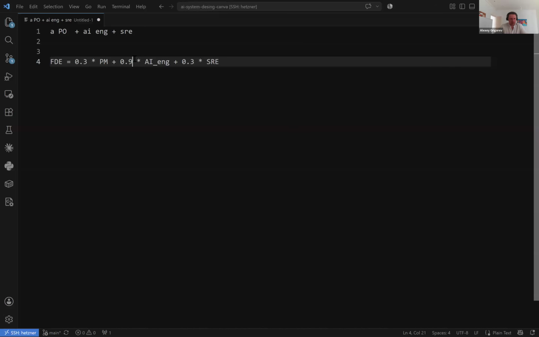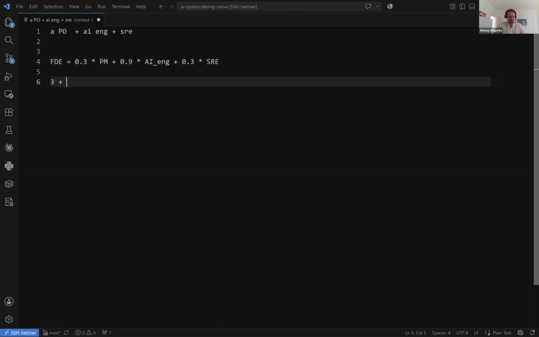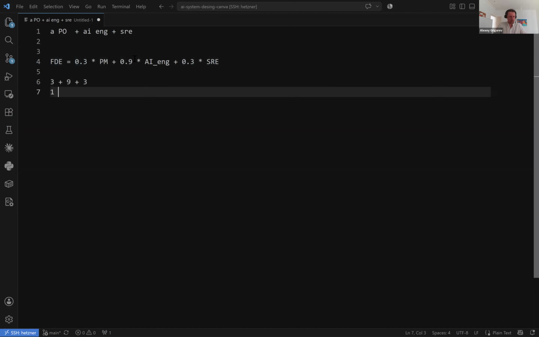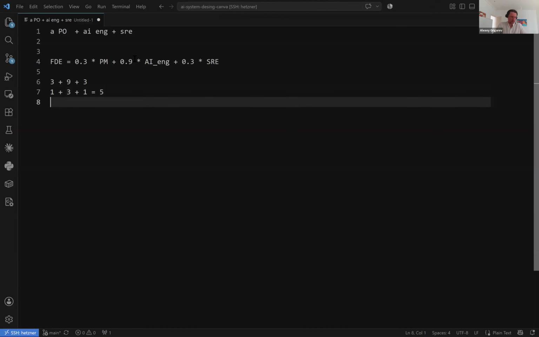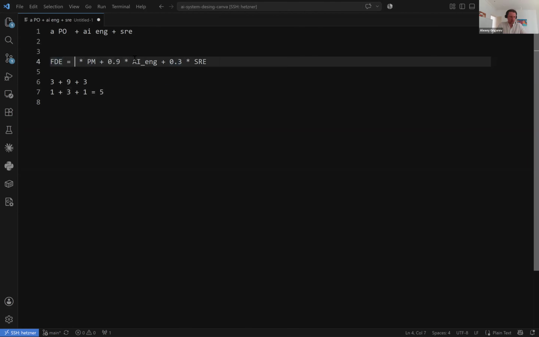If we normalize it, in total we have 3 plus 9 plus 3, which is 15, so it's 1/5 PM, 3/5 engineer, and 1/5 SRE.